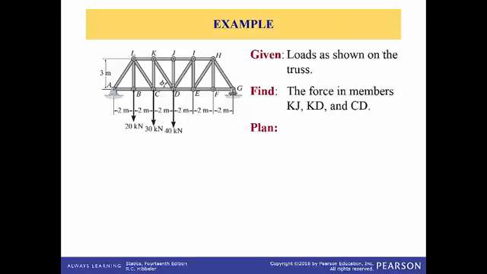So let's do one more example, and I'll leave it expressed again, but I think this one you have the answers in your book. So the loads are shown in this truss, and the force in members KJ, KD, and CD.